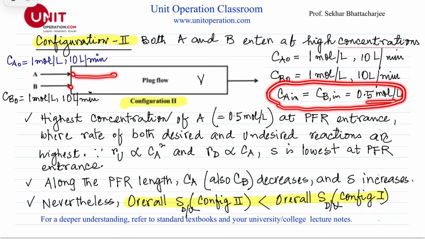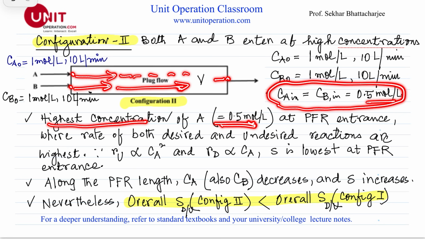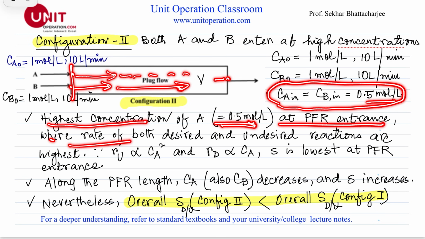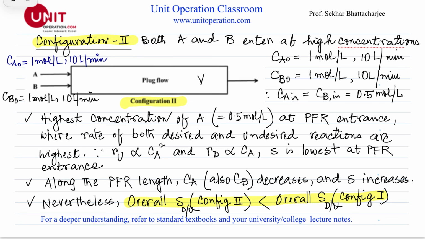And of course, as the reaction takes place, the concentrations of A and B decrease towards the exit of the PFR. So the highest concentration of A, 0.5 mole per liter, is at the PFR entrance, right here, where the rates of both desired and undesired reactions are highest, because the rate is proportional to the concentration of A and the concentration of B.